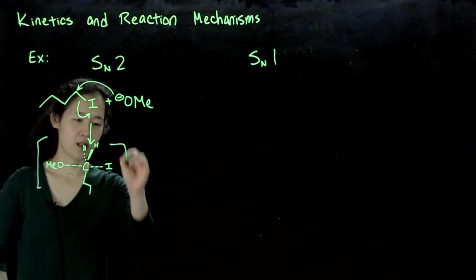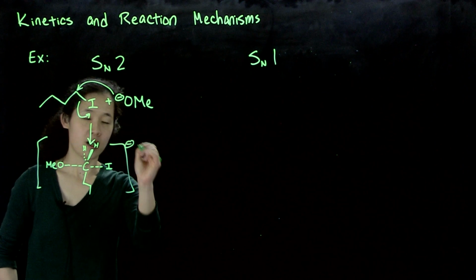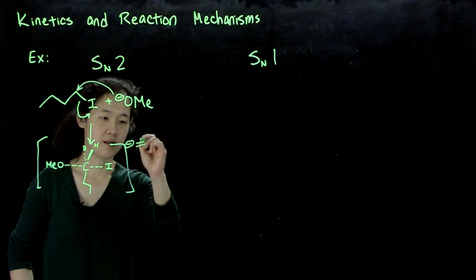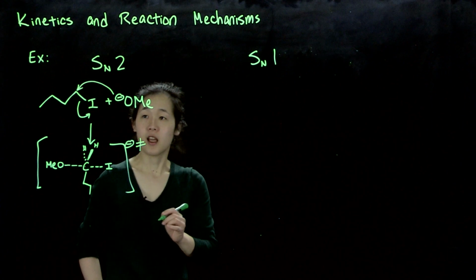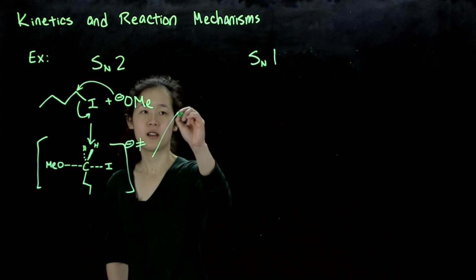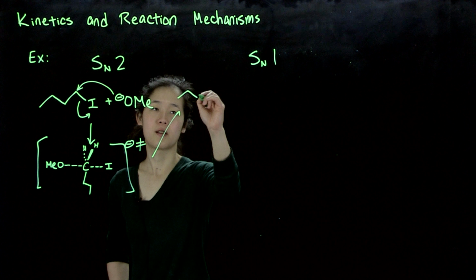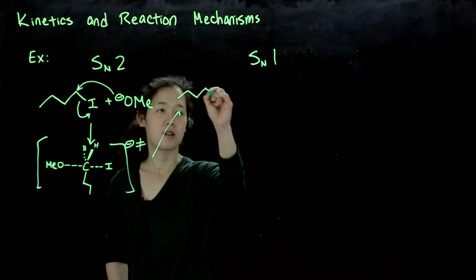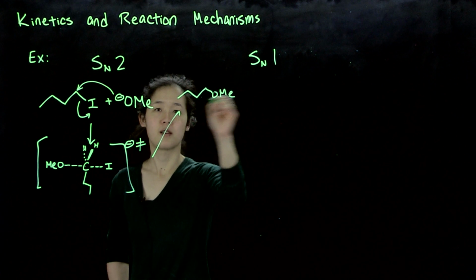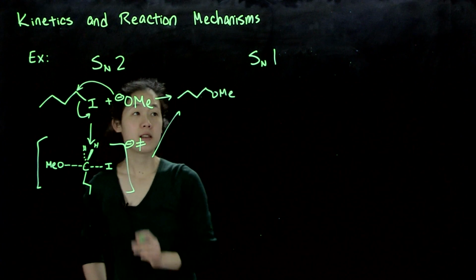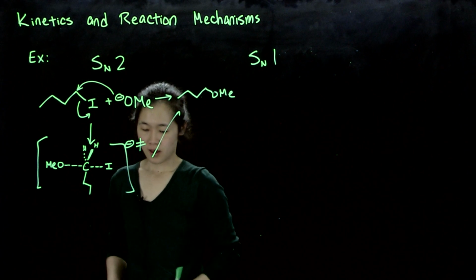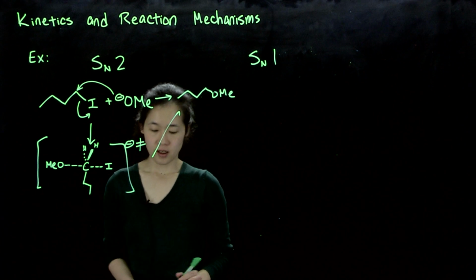You depict the transition state, which will be negatively charged, with this double dagger notation. This then gives us our product, the substituted methyl ether. So this is our overall reaction, and the key part of SN2 is that we have this transition state.